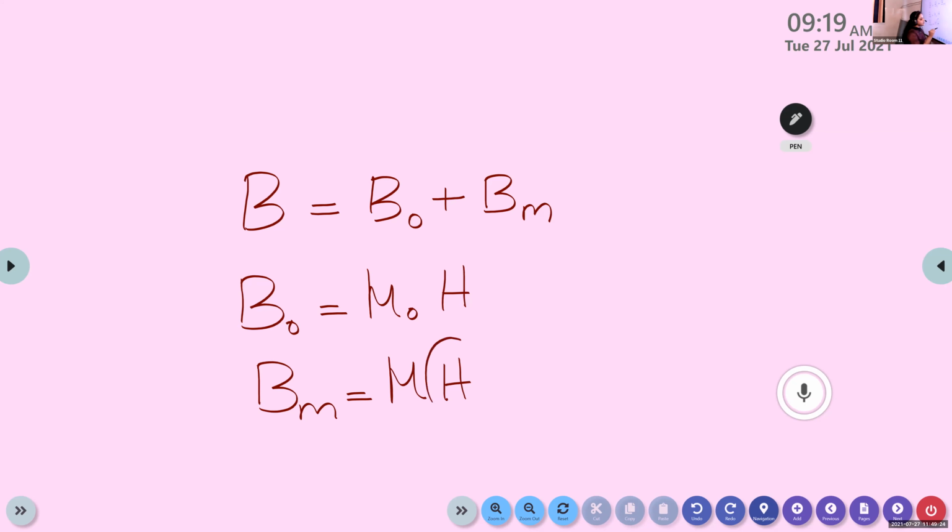The soft iron core undergoes magnetization. So we can replace this H by the magnetization M, and write Bm is equal to mu M.